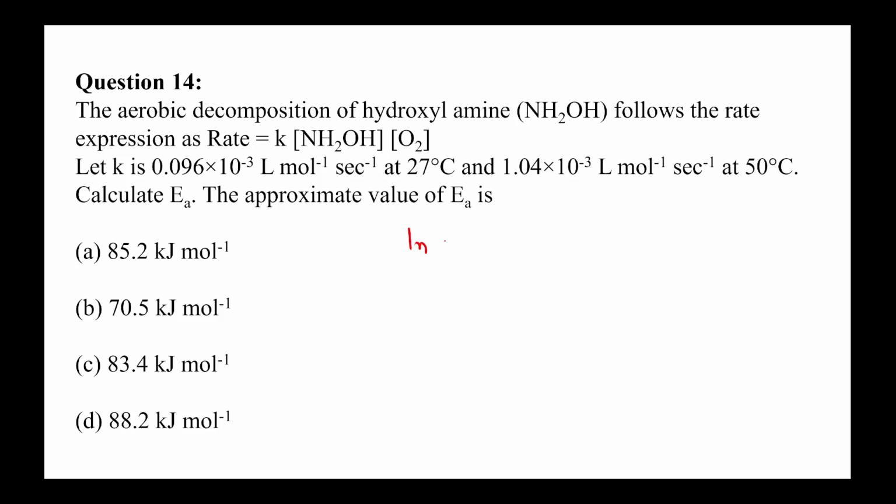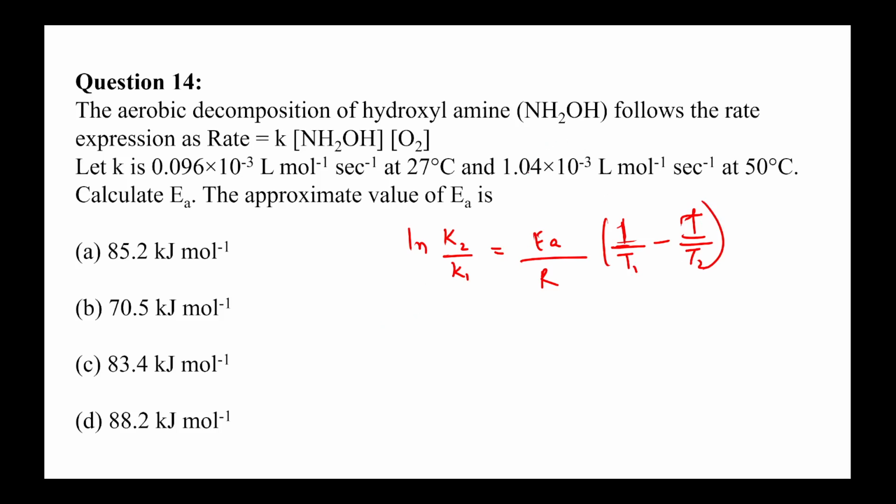So log K2 upon K1 is equal to EA, that you have to solve, upon R multiplied by 1 by T1 minus 1 by T2. And the temperatures you have to take in Kelvin.